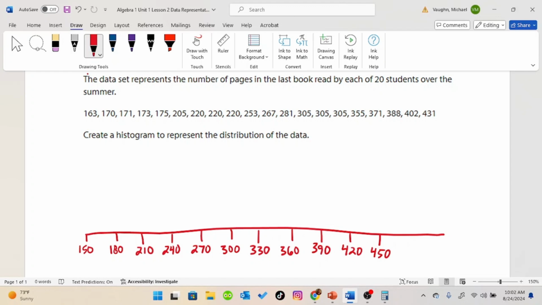Once I've made the bottom, then I need to make a vertical axis as well. And I'm going to make these every 1.